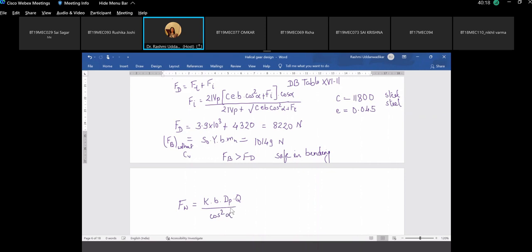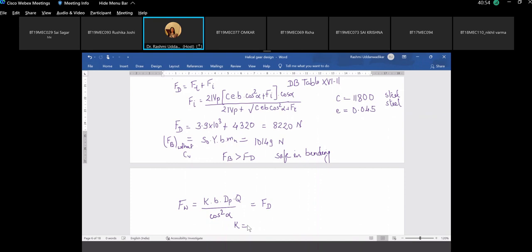So what do we normally do? Do we assume K and get FW? What do we do for this? We assume that this is safe and we equate this with FD and we find out the value of K. Now you can use your own values of FD.